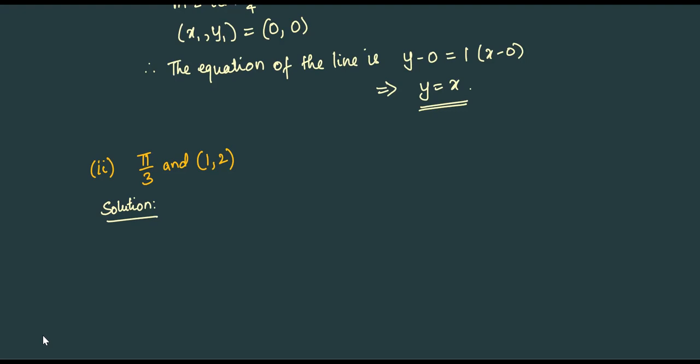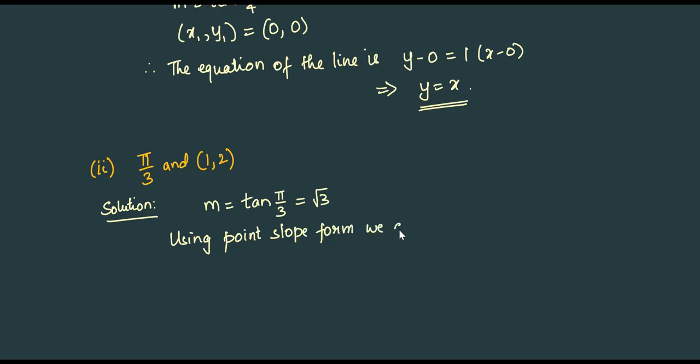Pi by 3 is 60 degrees. m is tan pi by 3, which is root 3. Now using point slope form, we get y minus 2 is root 3 into (x minus 1).